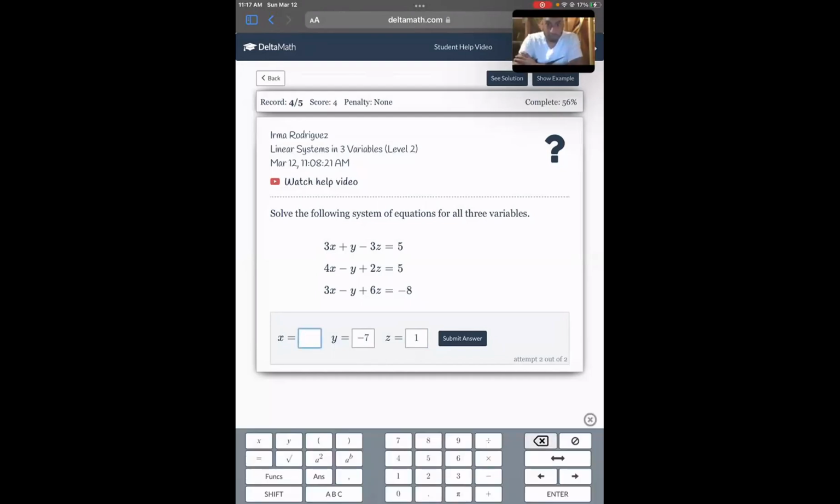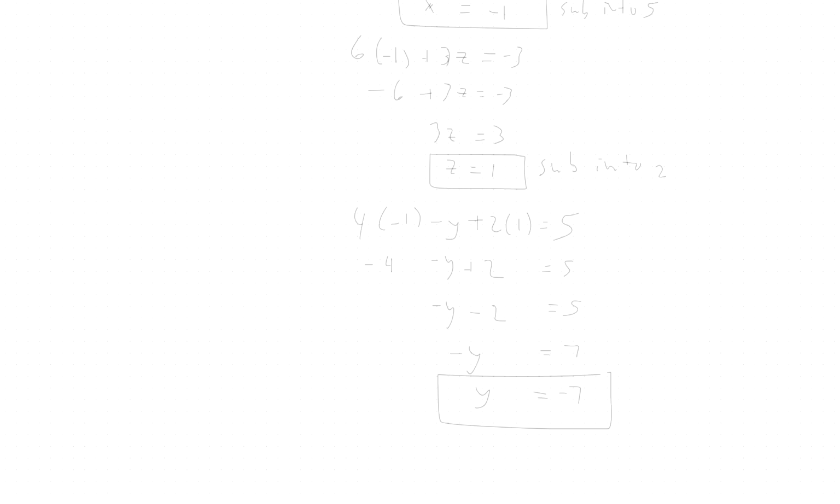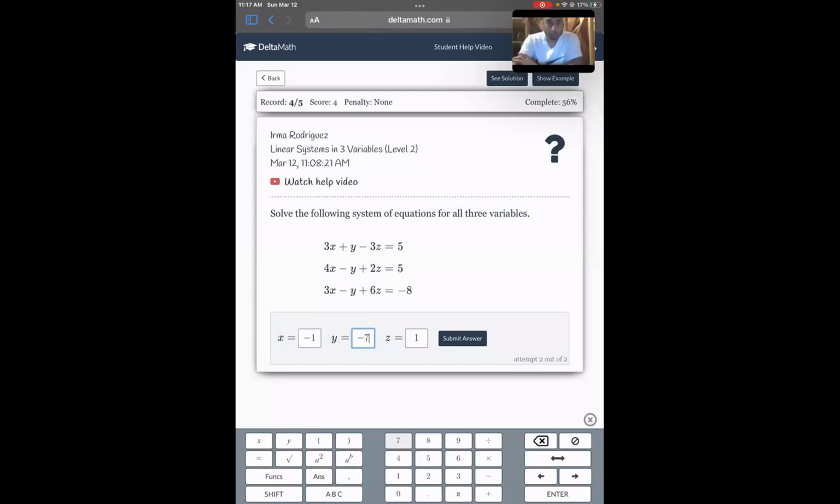So what's X? -1. X equals -1. Okay, Y. -7. And Z is 1. All right.